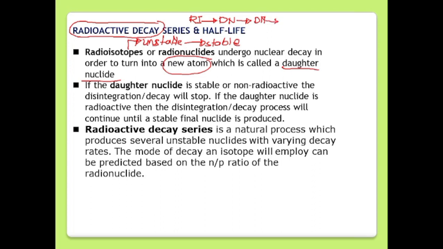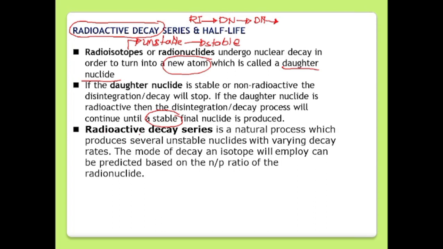So, mag-undergo ulit yan ng radioactive decay and so on hanggang sa maging stable siya. So, kapag stable na siya, dun lamang magi-stop ang radioactive decay process natin. That is why may tinatawag tayong radioactive decay series, a series of radioactive process hanggang sa maging stable siya.